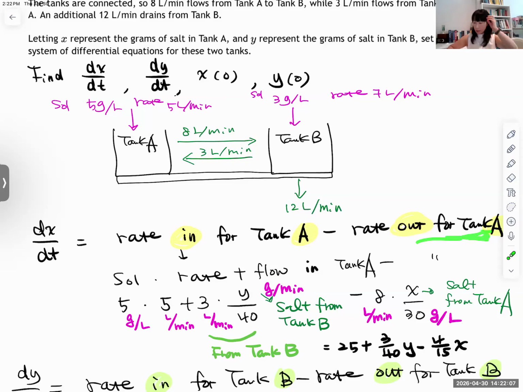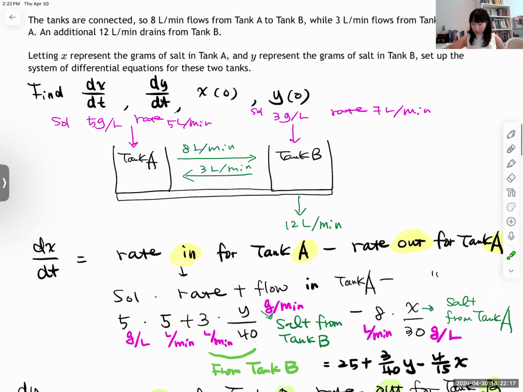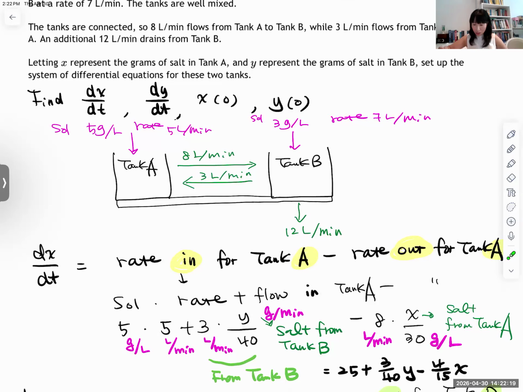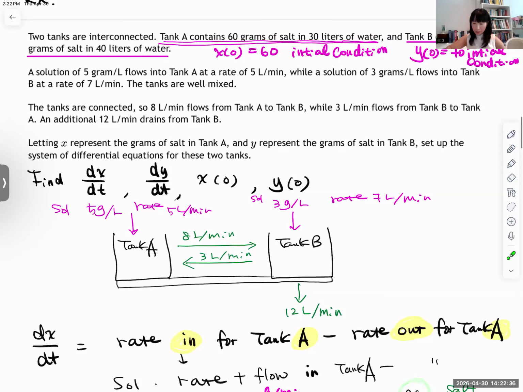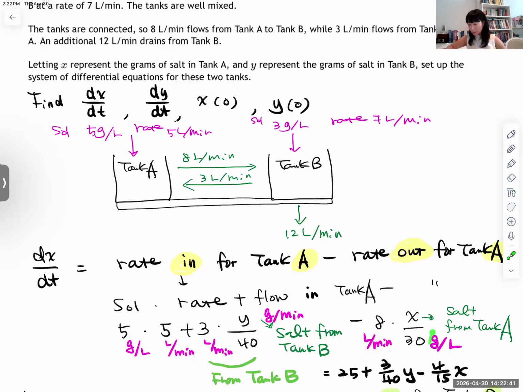Now we take away the rate out from tank A, right? They say 8 liters per minute goes from tank A to tank B. And we don't know how much salt goes out from the 30 liters of water.